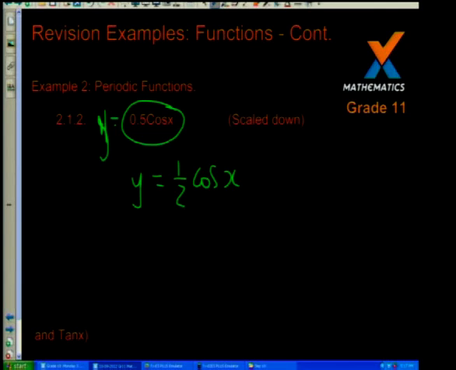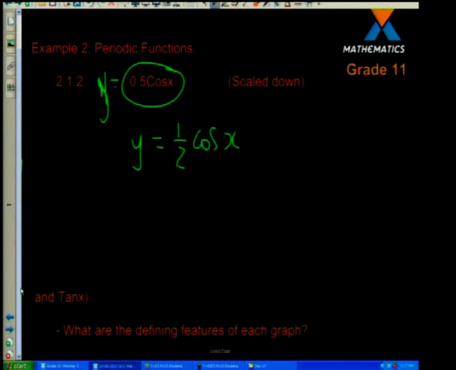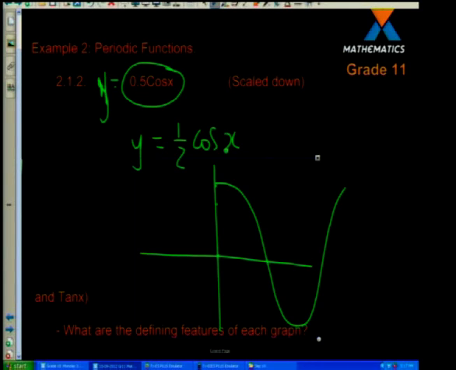If I draw this graph, it used to be a cosine graph that starts at 1. Let me keep it dotted there.